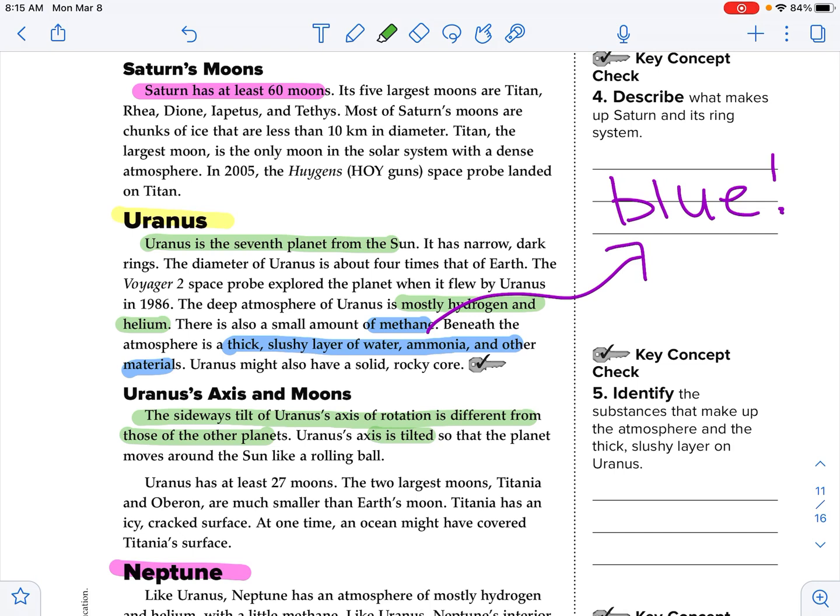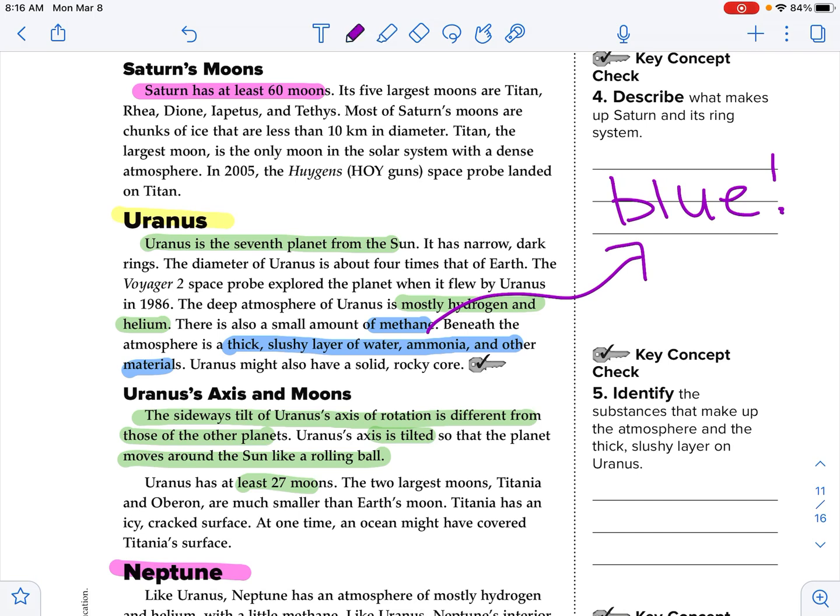It's tilted so that the planet moves around like a rolling ball. Uranus has at least 27 moons. The two largest moons, Titania and Oberon, are much smaller than Earth's moon. Titania has an icy, cracked surface. At one time, an ocean might have covered Titania's surface.